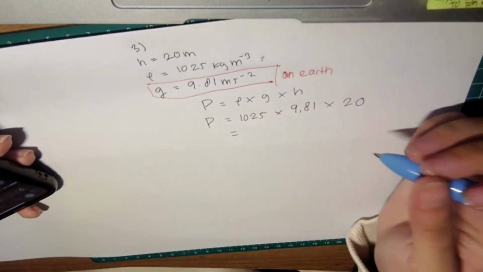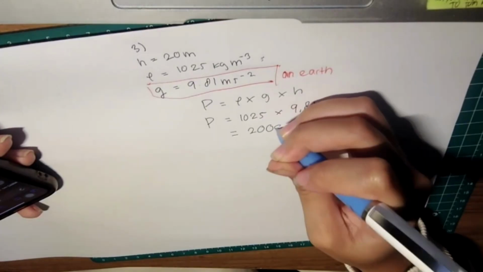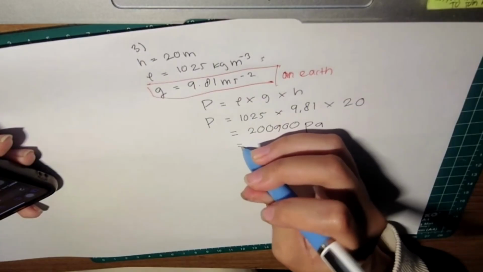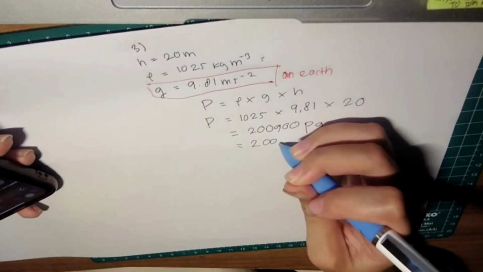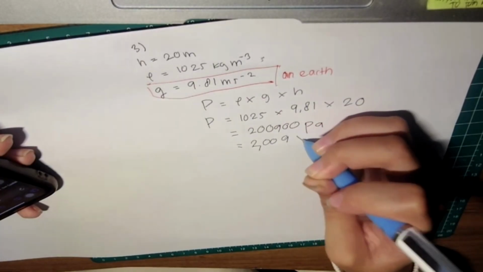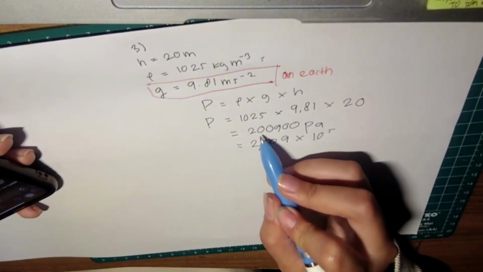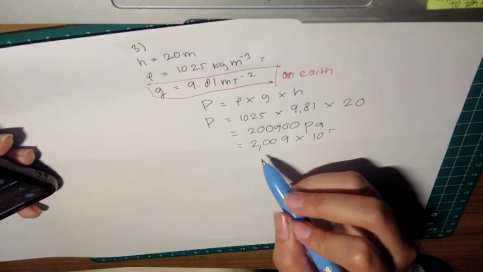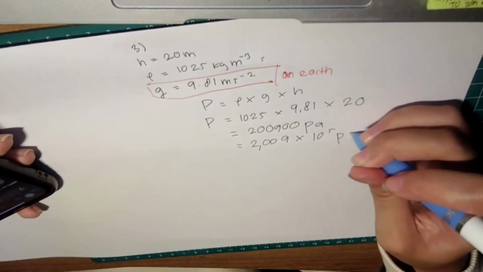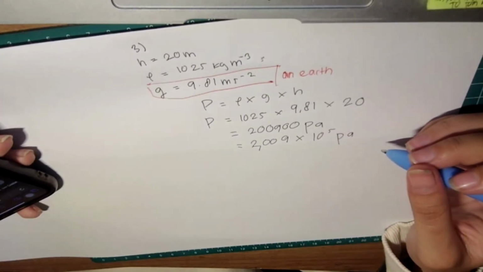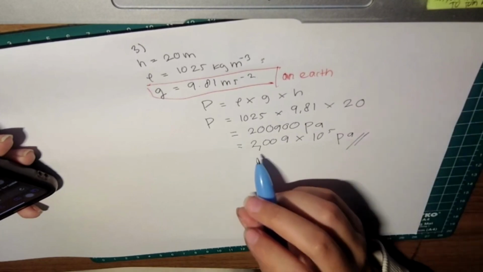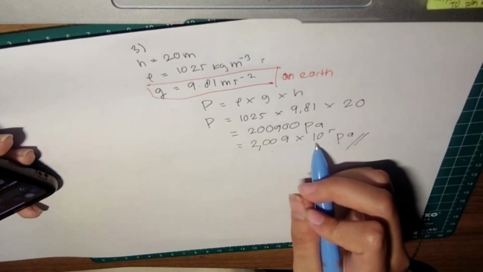And that will be 209.8. Or you can simplify it by 2.009 times 10 to the power of 5, because it moves back 5 until the 2 is in front of the decimal point, Pa. And if you need the absolute pressure, which you don't really need, we just answer this one, 2.009 times 10 to the power of 5.